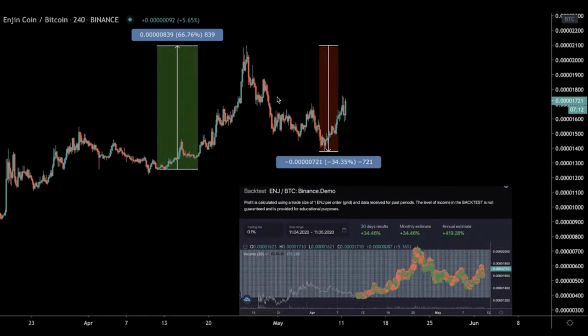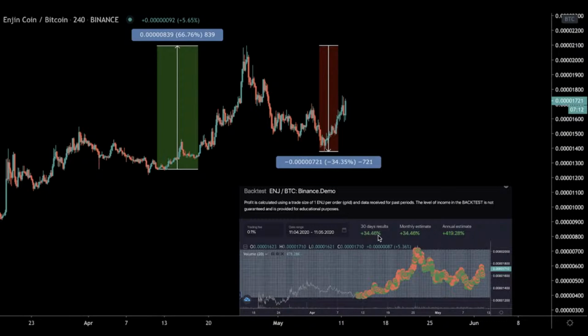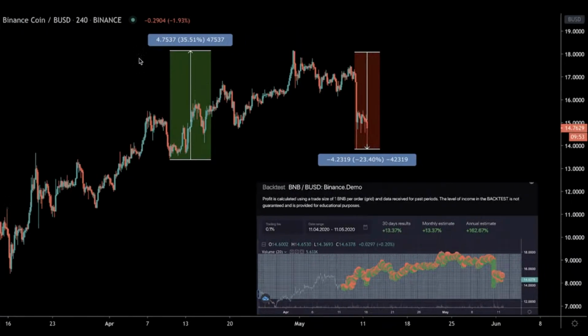And during this period of time, the backtest is telling me that the bot would have made 34% in profit. Another example is BNB trading to BUSD, that's the stable coin. You see that again from the 11th of April, from that point till that point.